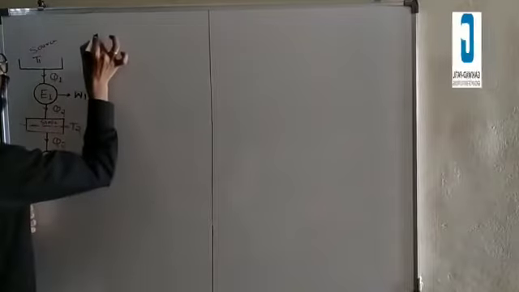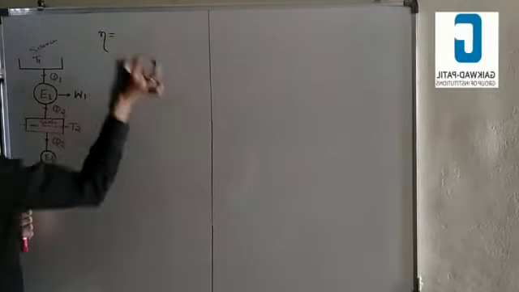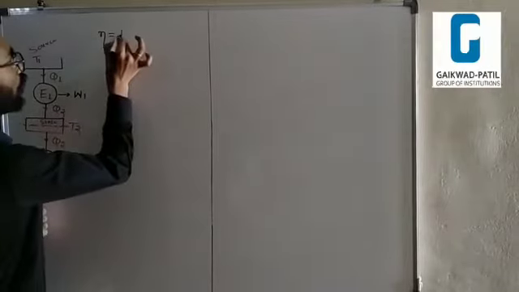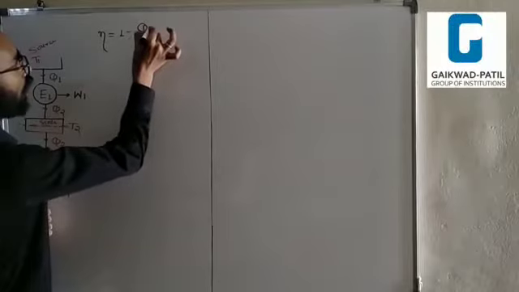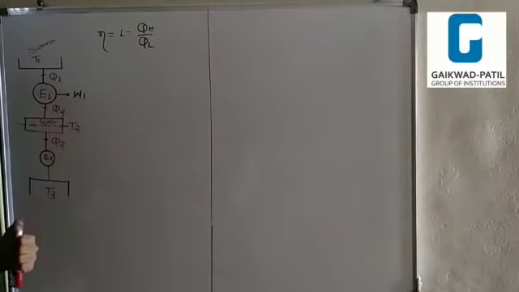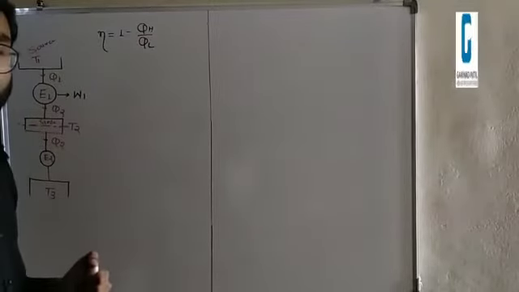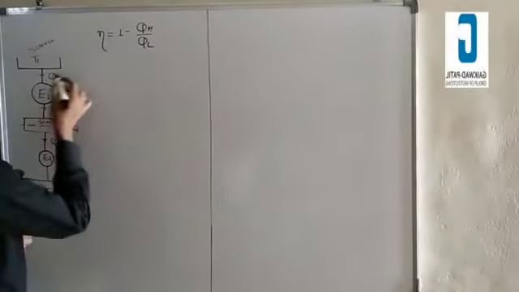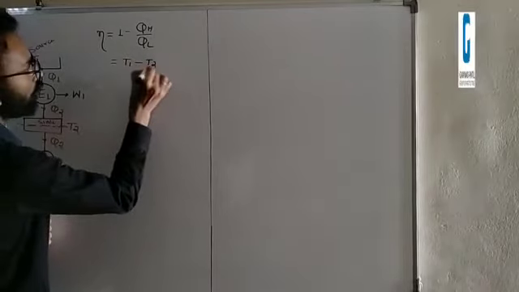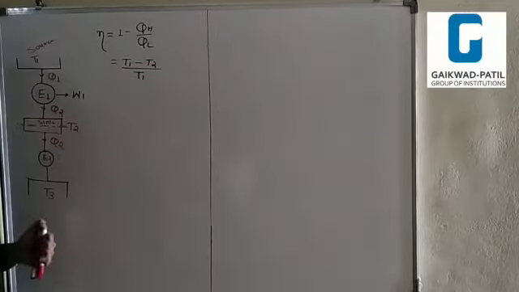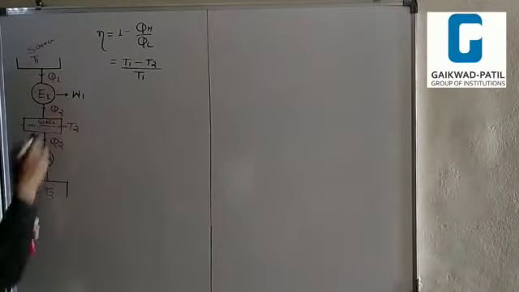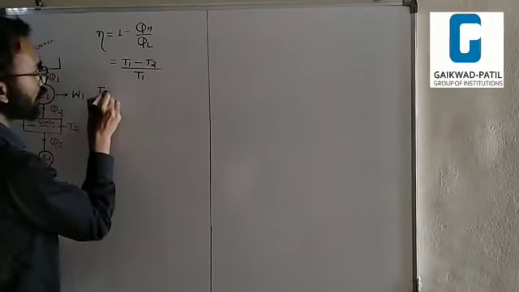You know very well that the efficiency of a heat engine is equal to 1 minus QL over QH, where QL is the heat rejected and QH the heat supplied. You can write this as T1 minus T2 over T1, from the temperature scale.